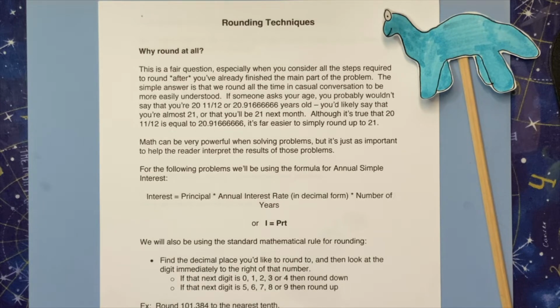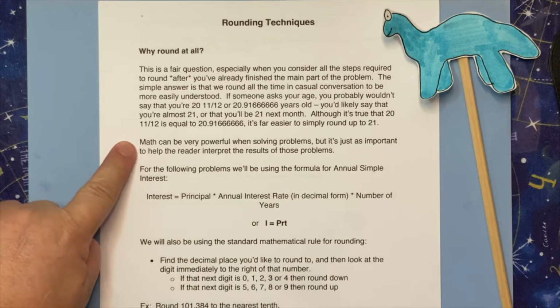You'd probably say that you're almost 21 or you'll be 21 next month. Although it's true that 20 and 11/12ths is equal to 20.91666666, etc., it's far easier to simply round up to 21, and it makes the other person feel more comfortable, and it's easier to understand for a lot of folks.